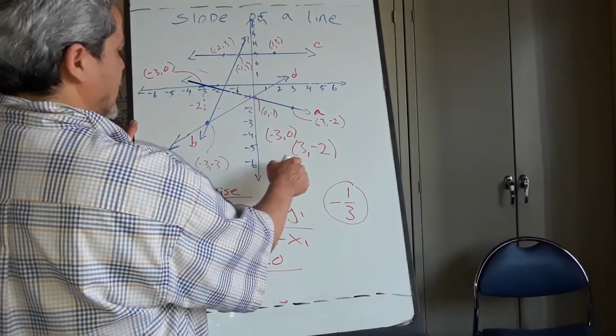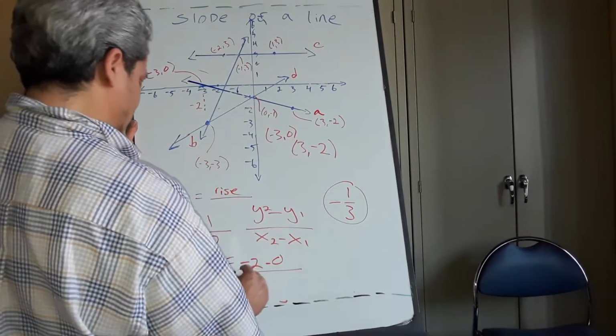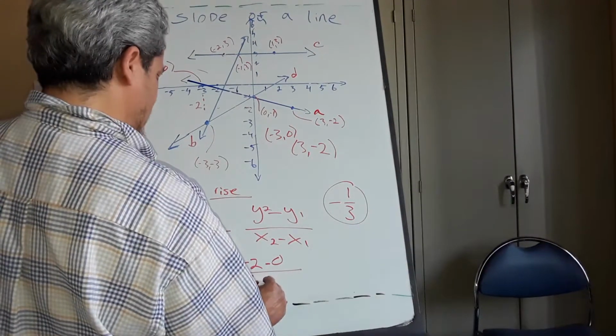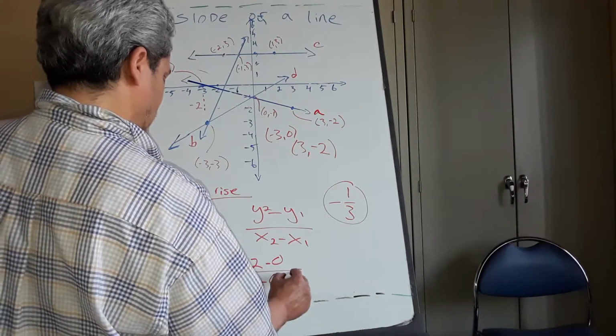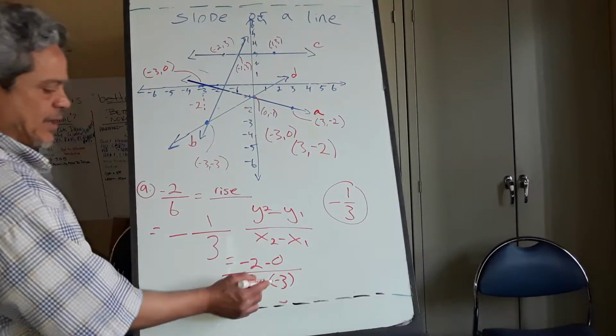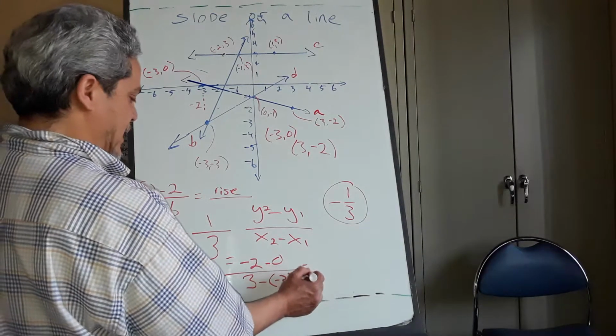First x, I'm sorry, second x is 3 minus the first x, which is -3. See how I did that? Because it is a negative, I have to put it in parentheses. And then multiply it.